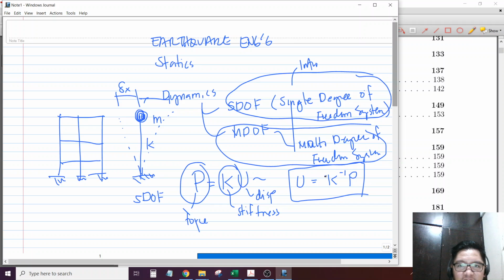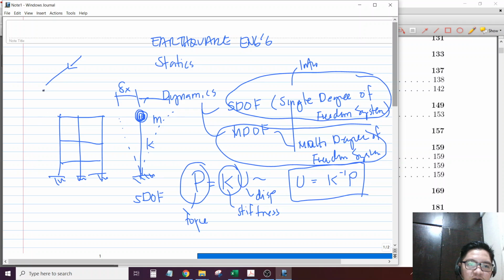In reality, you can assume an infinite number of degrees of freedom for your structure. So as an engineer, that's where engineering judgment comes in, the assumptions we make to simplify things. For example, a truss axial member: you just assume it has either tension or compression.